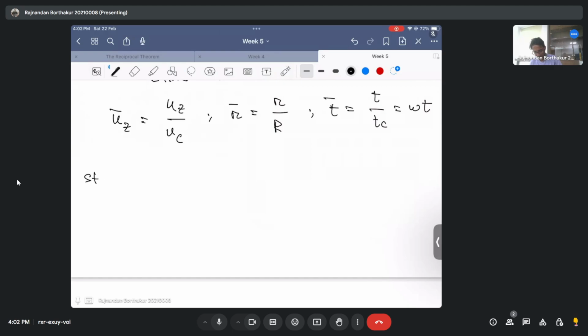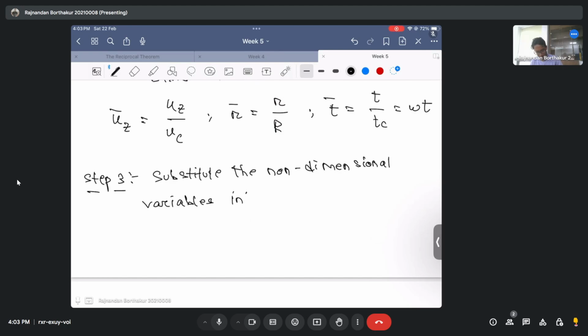So step 3 is, in order to evaluate the non-dimensional governing equations, we'll substitute the non-dimensional variables into the governing equation to get the non-dimensional governing equations.